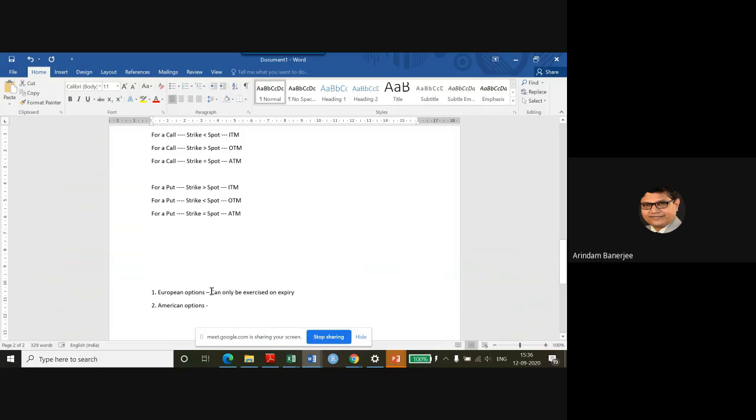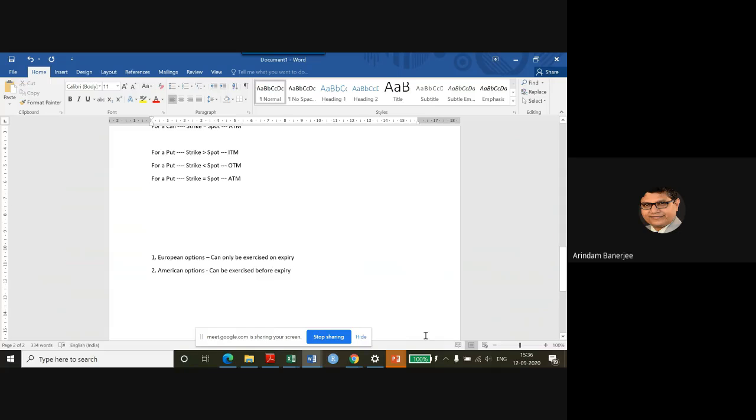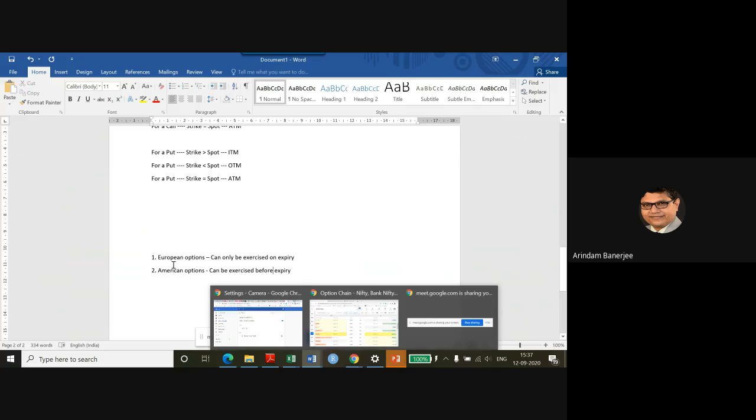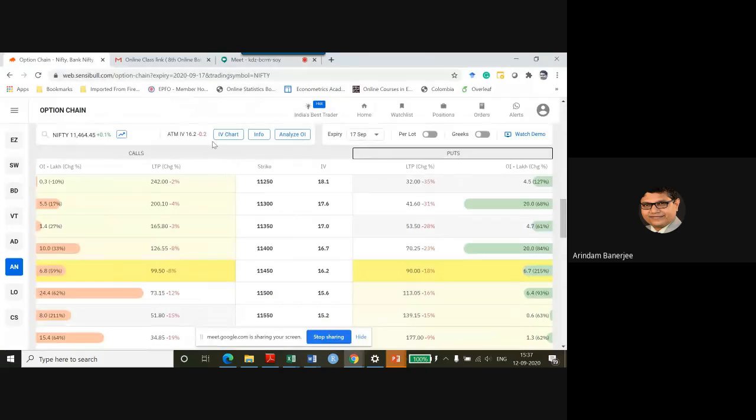The American options can be exercised before expiry also. This European is more popular. All these Nifty options and Bank Nifty and all, even the stock options, they are basically European in nature.